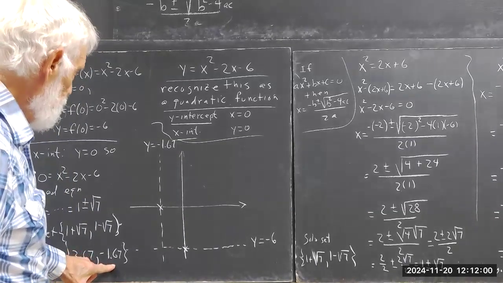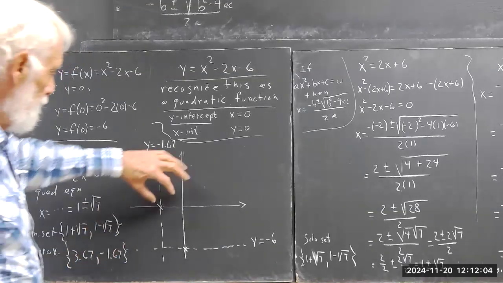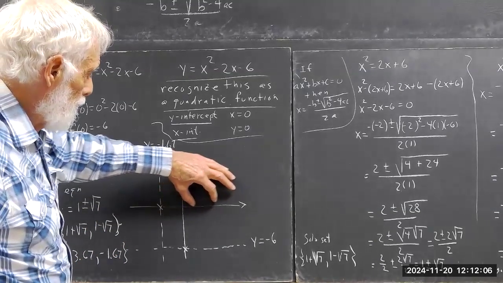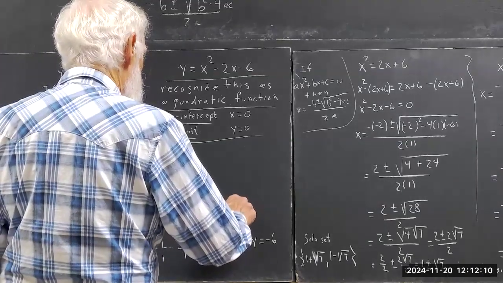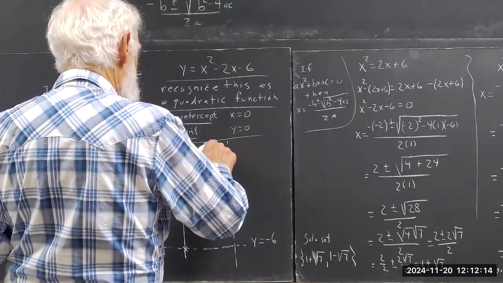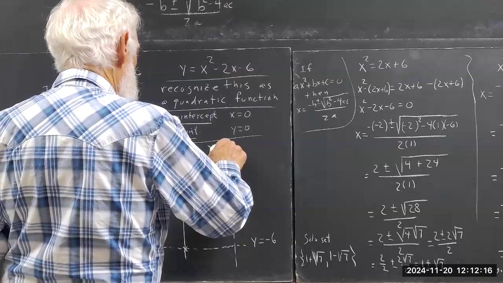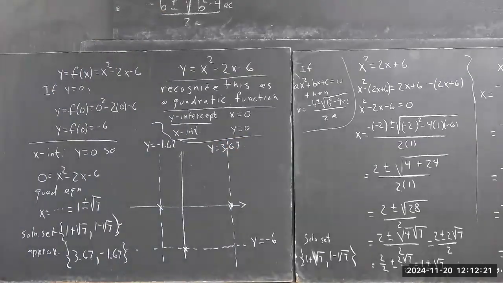Well, if I double 1.67, I get 3.34, which is a little less than 3.67. So we've got to go about twice that far from the y-axis. And then a little more. Or maybe this will work. So there's x equals 3.67.